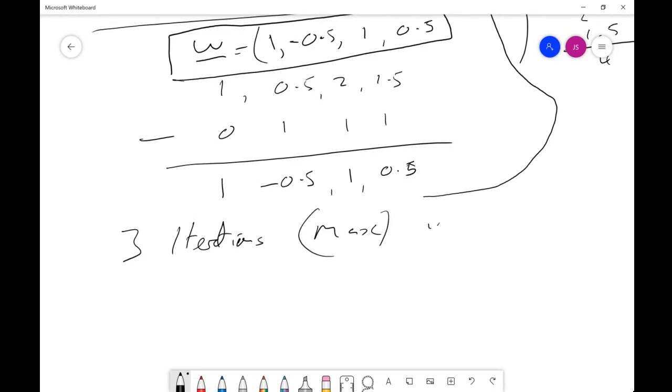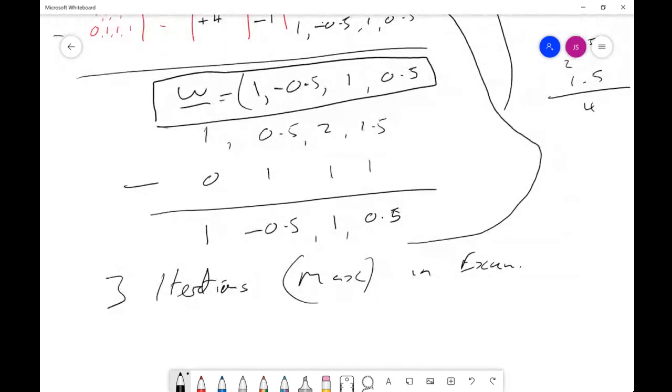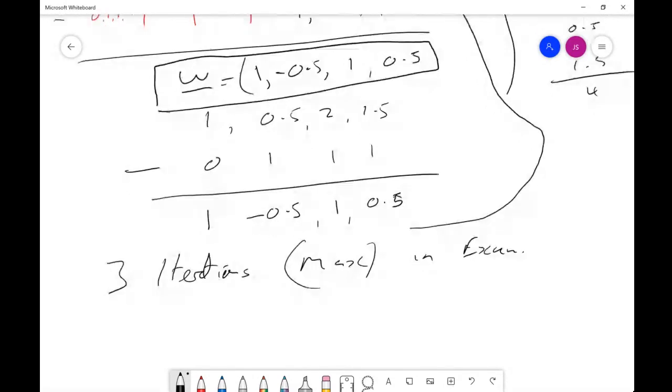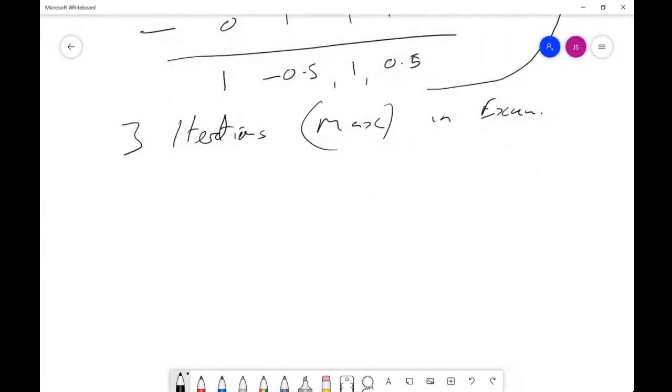Could be less. In practice, because you know of the limitations of things like linear inseparability, it might not even converge to a solution. But in practice, it would certainly take more than 2 iterations. So in the examination, should this be a question, you would be asked to update the weight vector for 2, possibly 3 iterations, and then use the weight vector.